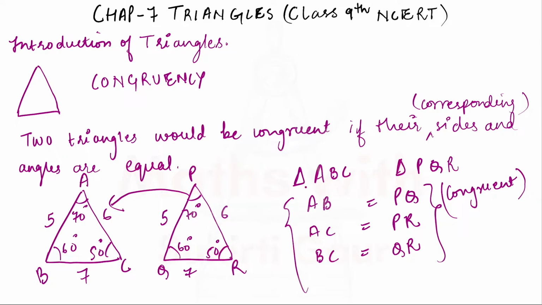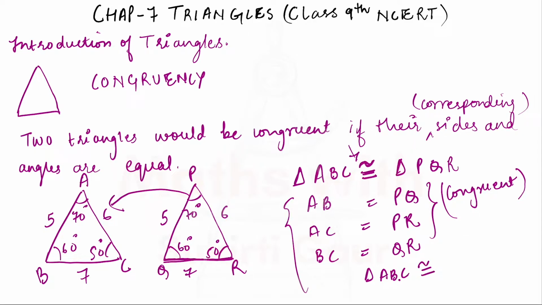But there is some order in which we express congruency. For two triangles congruent to each other, we put this sign, a small wave and two straight lines. This means triangle ABC is congruent to triangle PQR. So if I write triangle ABC is congruent to PQR, then it would be correct.